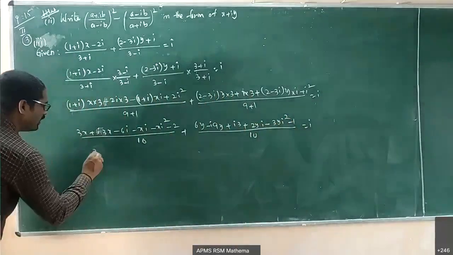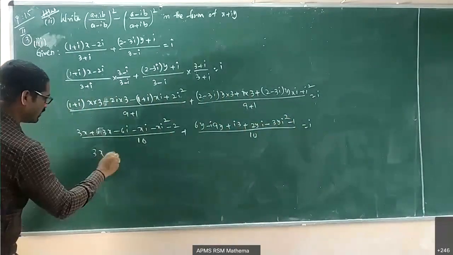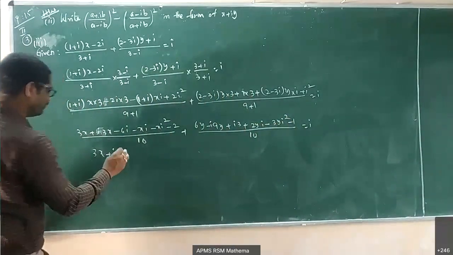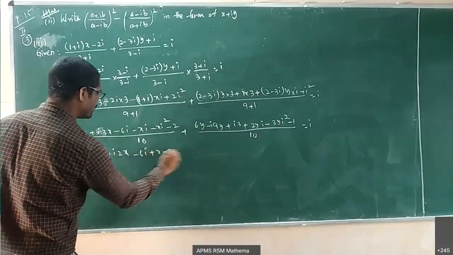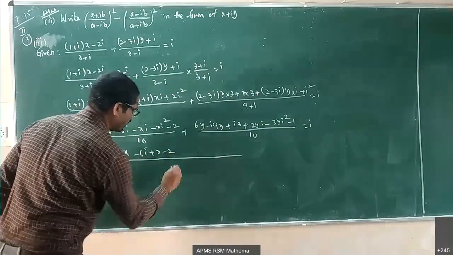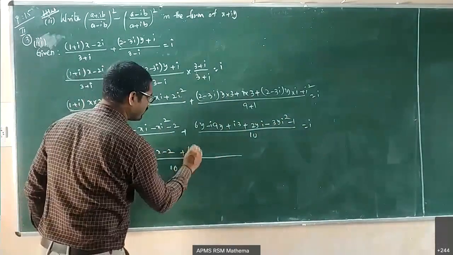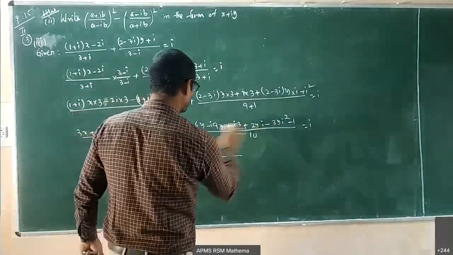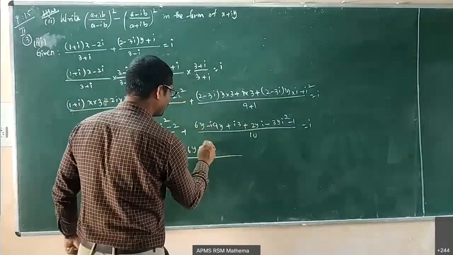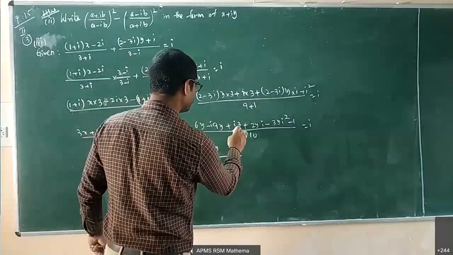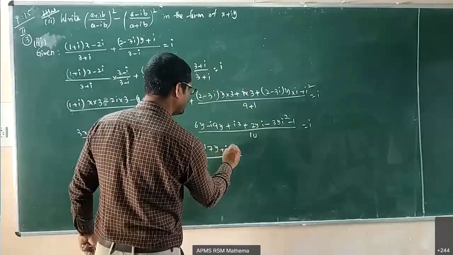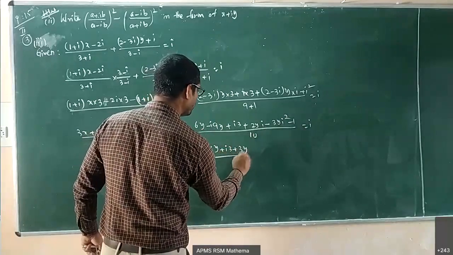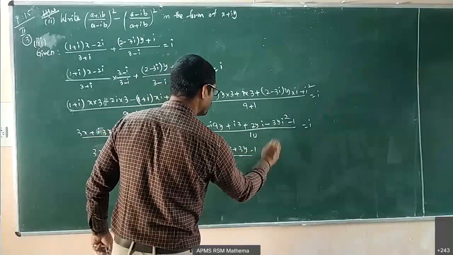Now 3i here plus i2x minus 6i plus x minus 2 divided by 10, plus 6y minus 7iy plus i3 plus 3y minus 1 equals to i.